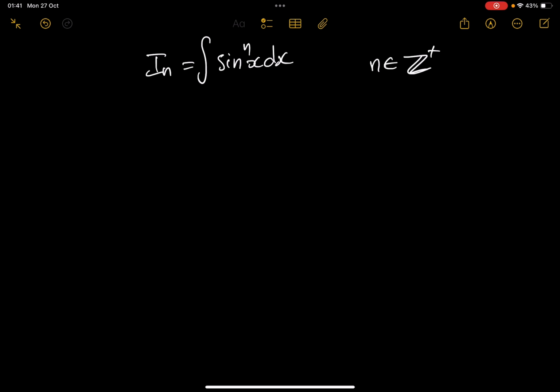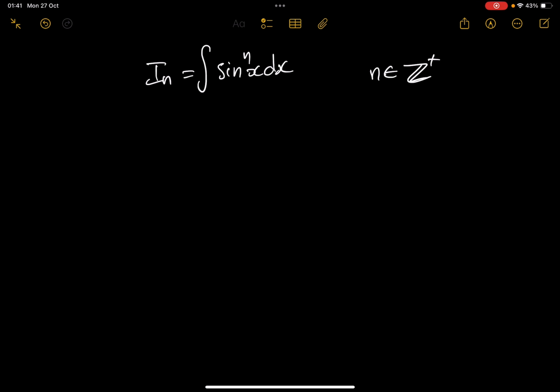From here, what do we do? We are going to factor out sine x from sine^n x. So I_n is equal to the integral of sine^(n-1) x times sine x dx, because the sine x factored out is raised to the power 1.